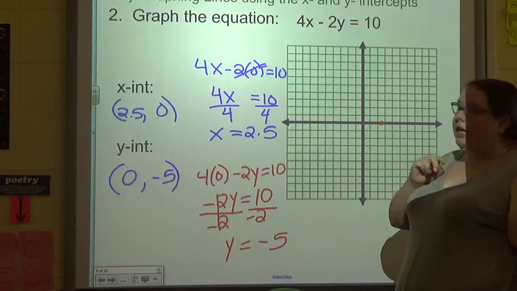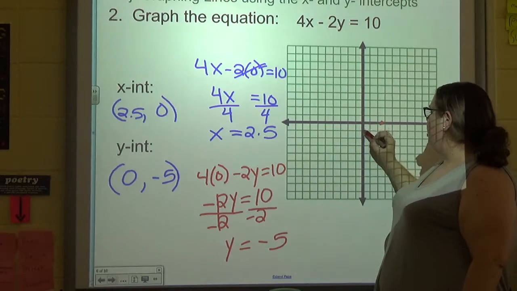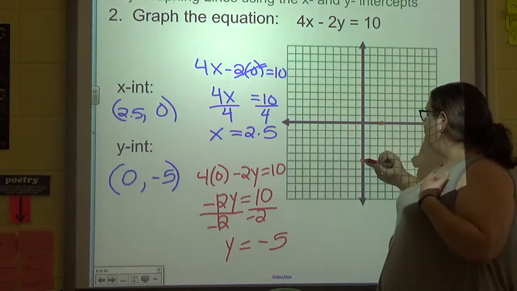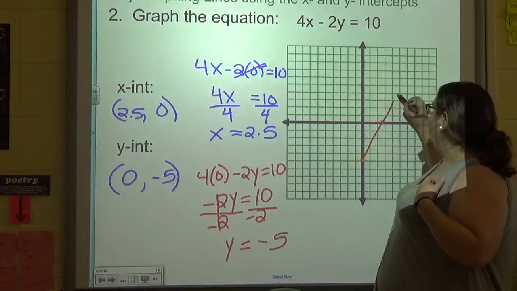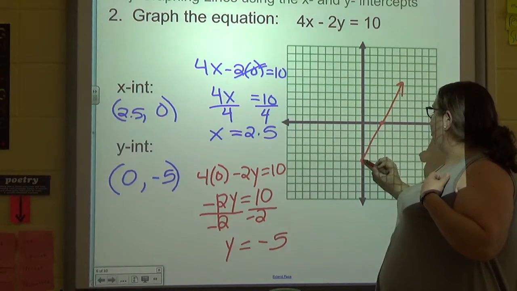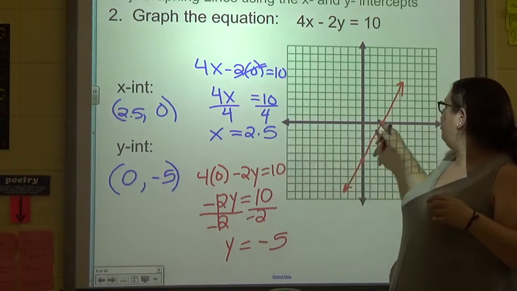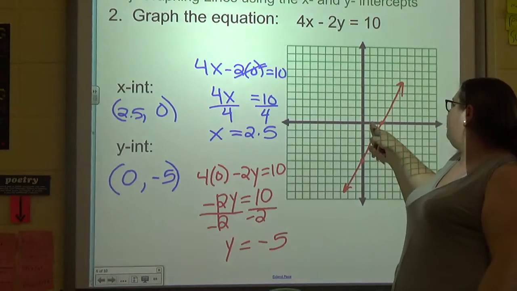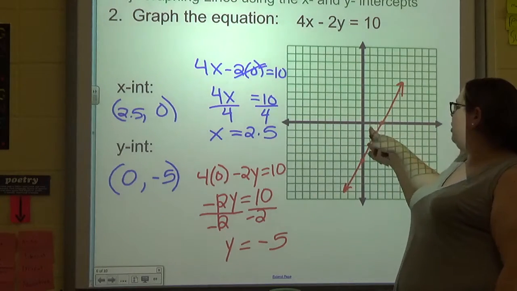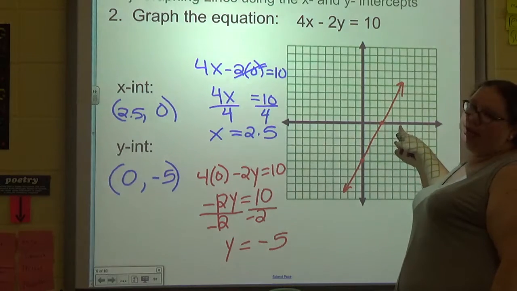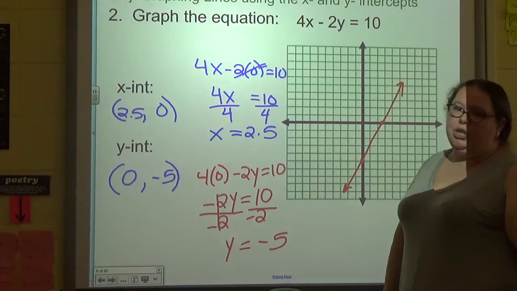And then (0, -5), just go down 5: 1, 2, 3, 4, 5. I'm totally good with that, but you really have to ask your teacher whether or not they care that the 0.5 is in the middle, or if you should make each of these 0.5s. So we could have done 0.5, 1, 1.5, 2, 2.5, and put it there. But it's really up to you or your teacher.